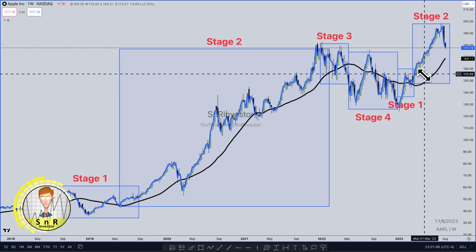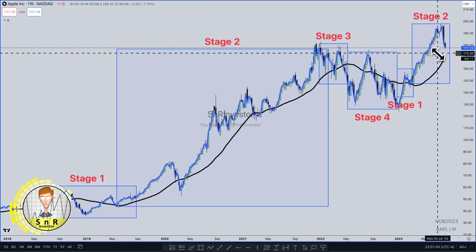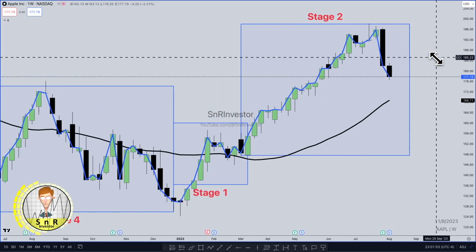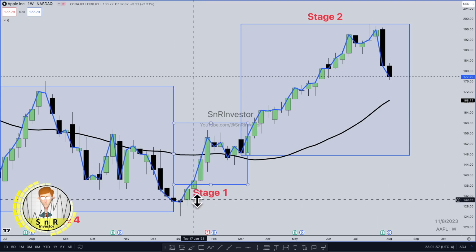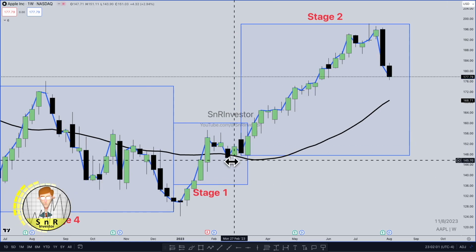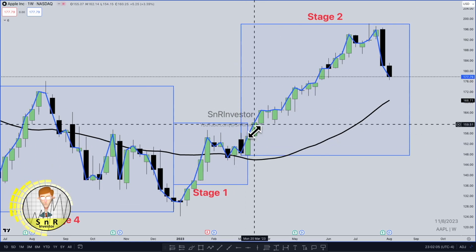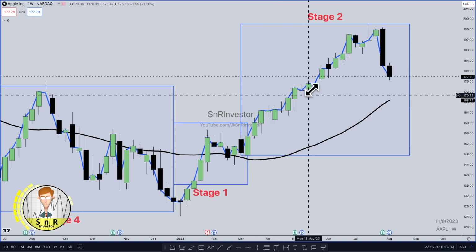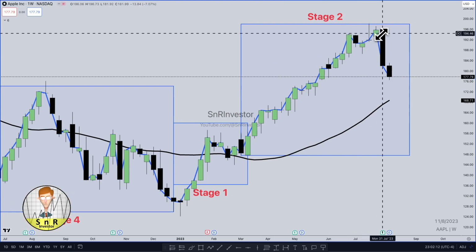and then now we are in a potential stage 2. If we were to look closer in this year, since the start of this year we have a very quick stage 1 and then price starts to bounce off the 30-week moving average and we start to see price go into stage 2.